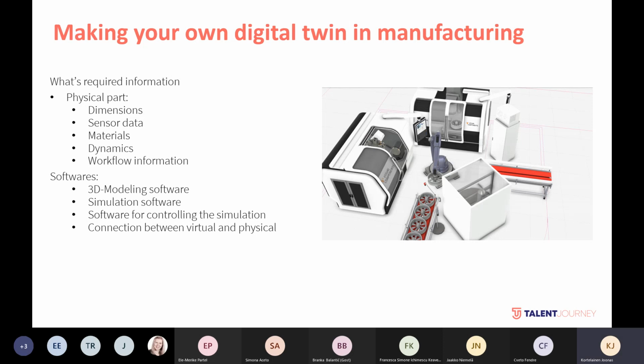For example, if you would like to make a digital twin of the robotic cell, I'm talking about this one here, you will need the robotic cell communicating, for example, with a PLC, which it already probably does. Then replicate your whole physical robot cell in a simulation software, for example, Visual Components, and then connect that PLC to Visual Components.